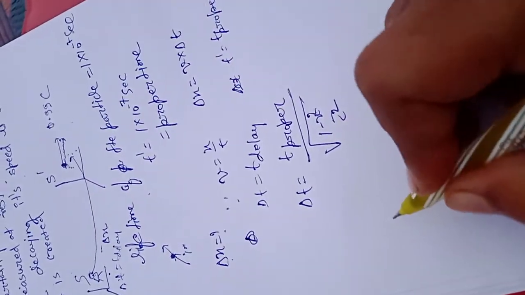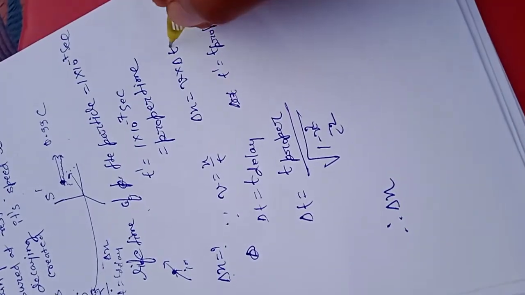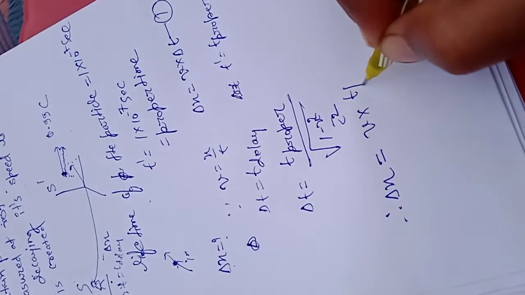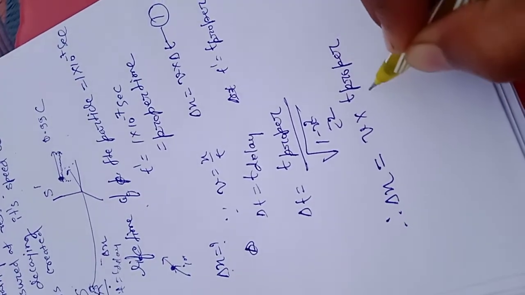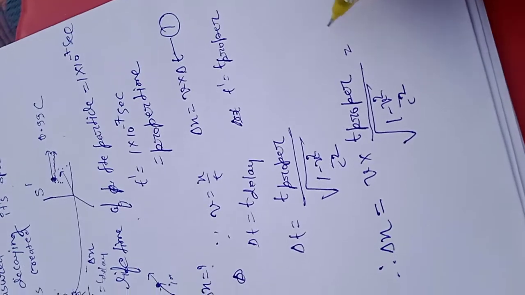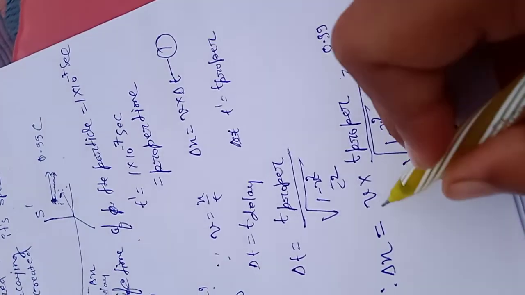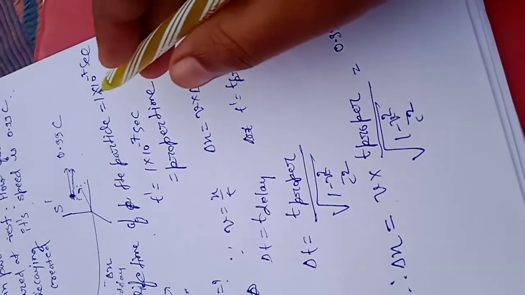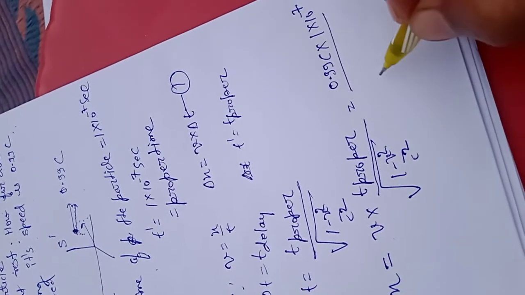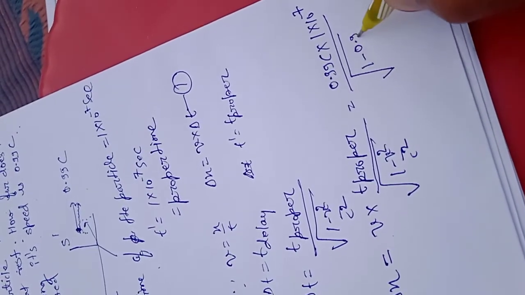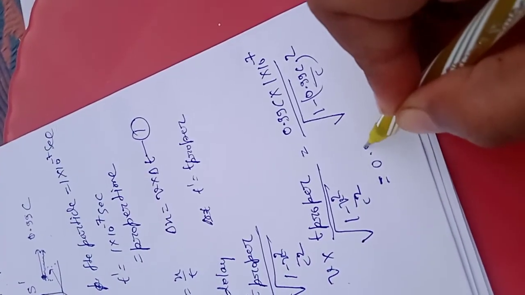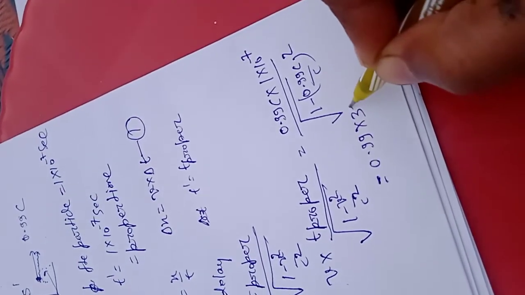Therefore delta x equals v into t proper over under root 1 minus v square by c square. What is the value? v is 0.99 c, t proper is 1 into 10 to the power minus 7 second, upon under root 1 minus 0.99 square.